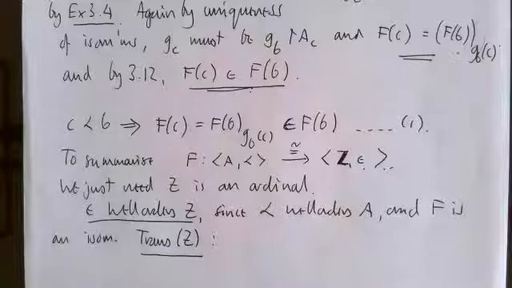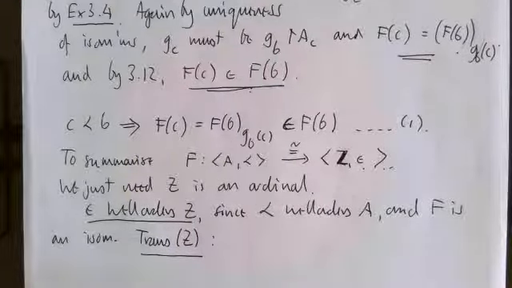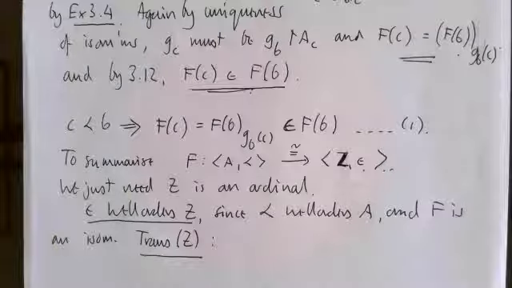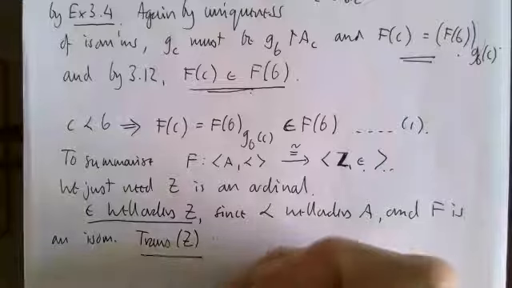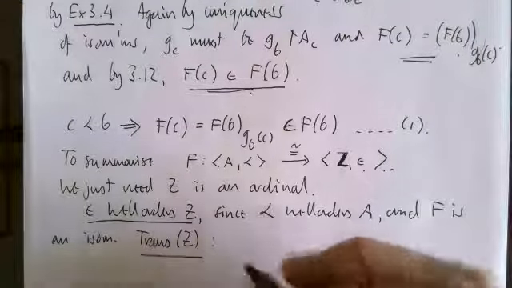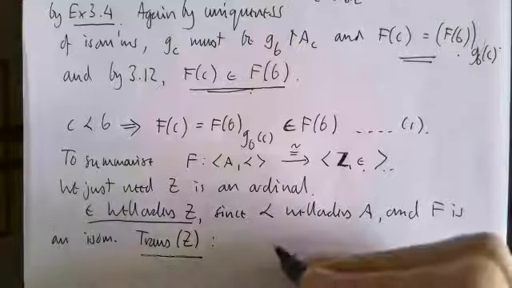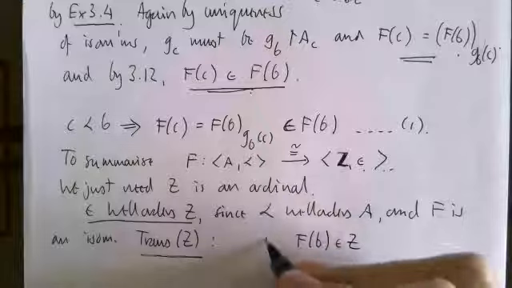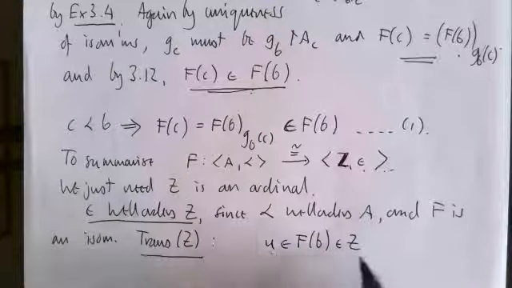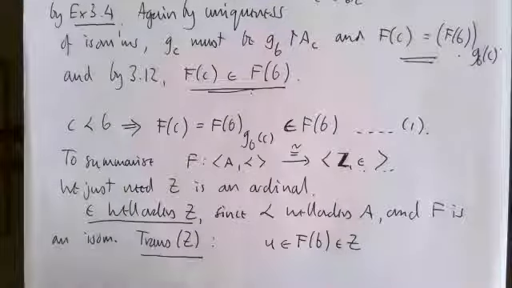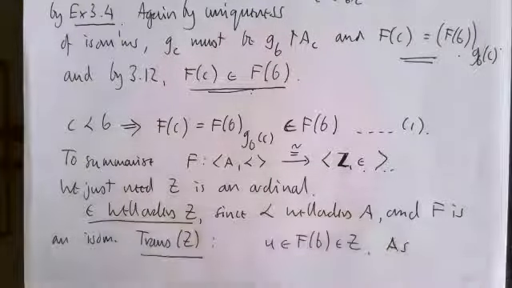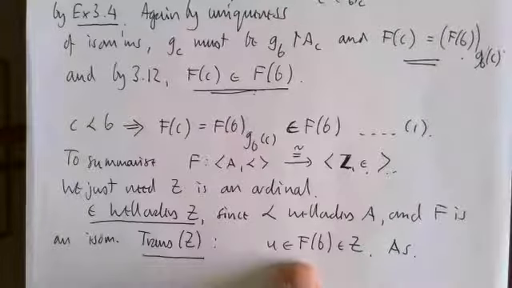So we need that Z is transitive, but that's also easy. Why is Z transitive? A typical thing in Z is some f of b. I pick a u that's in f of b, and I want u to be in Z. GB takes the segment of A below B onto this.